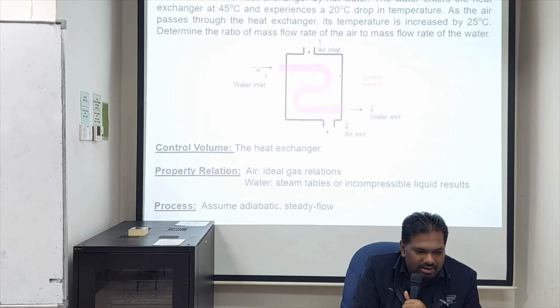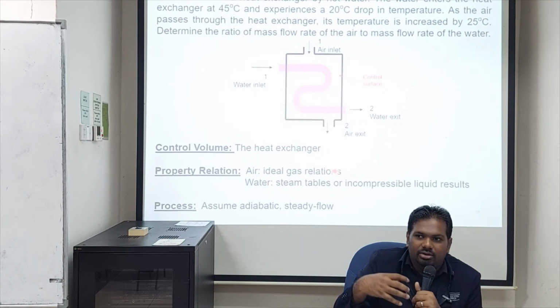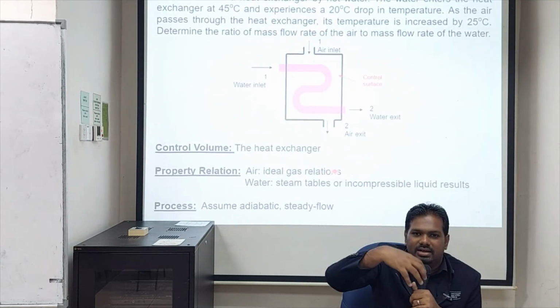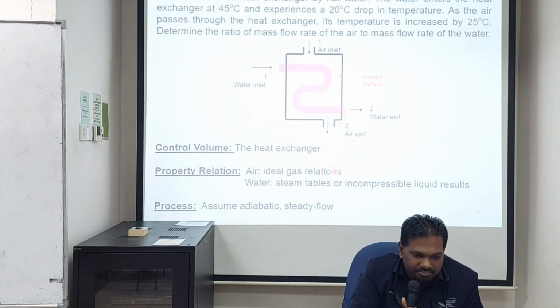Okay, so water enters 45, so 20 degrees drop. Says the air passes. Dia ada dua. So dekat sini ada water, dekat sini ada air. So it's not connected. So dia ada dua entrance and dua exit yang asingan.